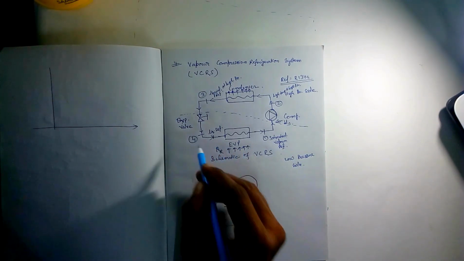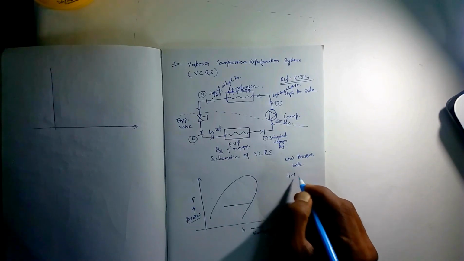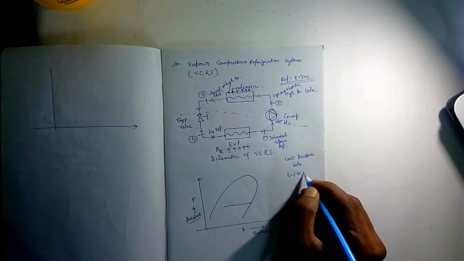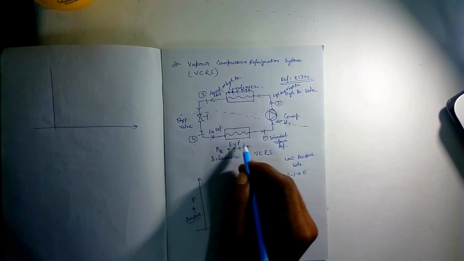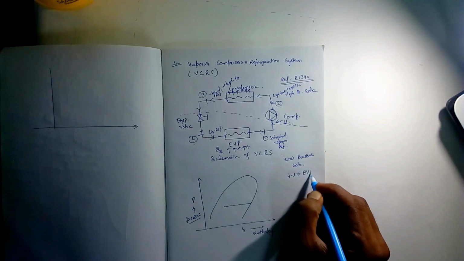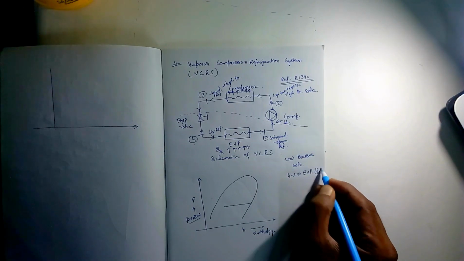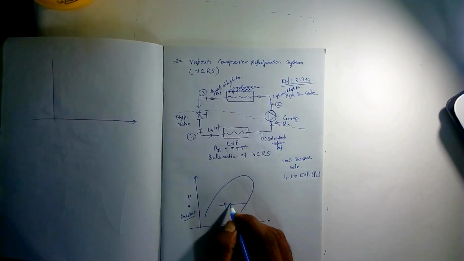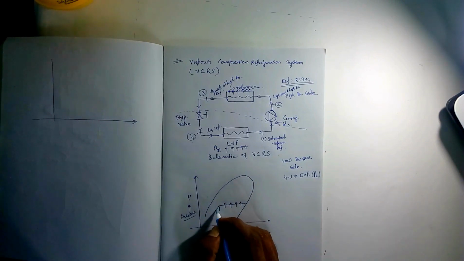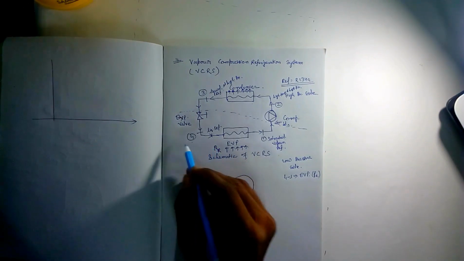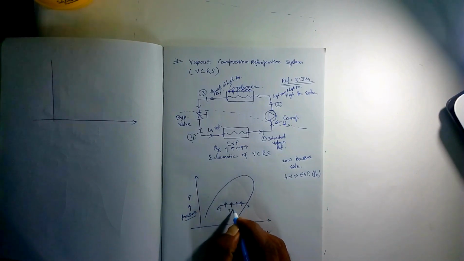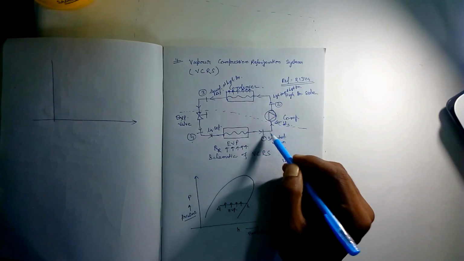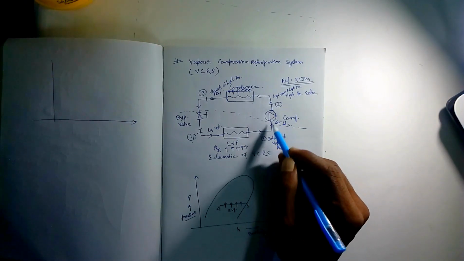Process 4 to 1: what happens in the evaporator? It takes heat from the refrigerated space, and it occurs at constant pressure, the evaporation pressure PE. The saturated vapor refrigerant is then sent to the compressor.